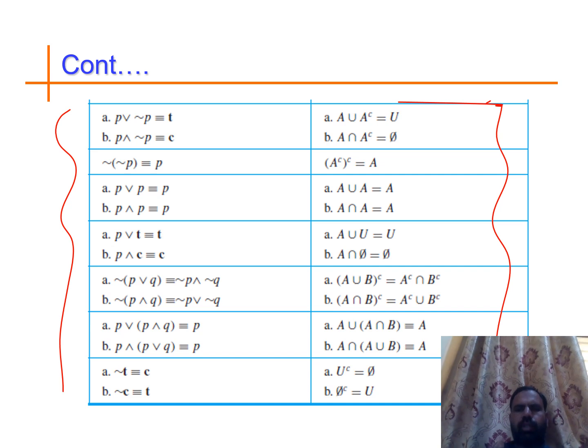So this is the relevancy between the logical equivalences and the set intersection and union.